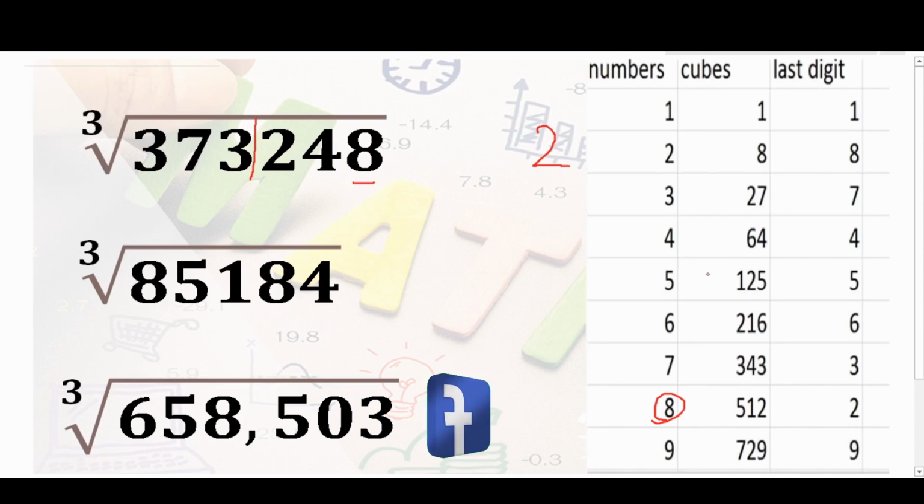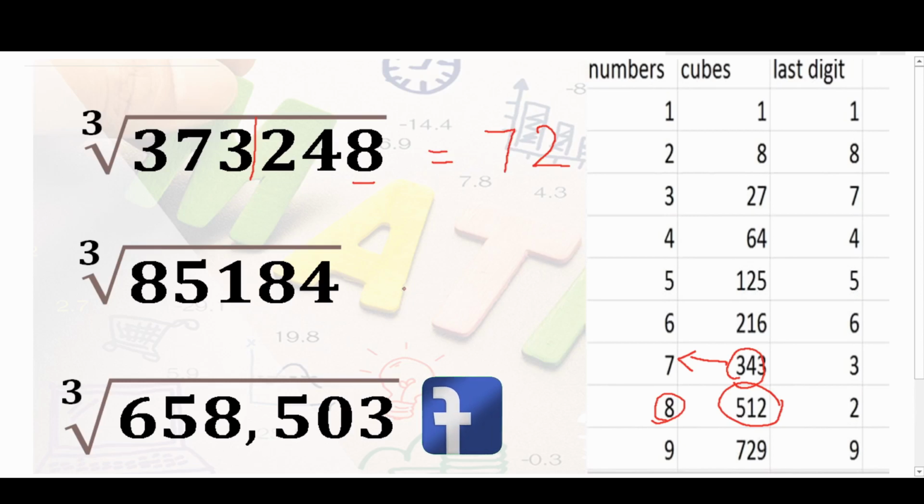In column number 2, check where this number lies. This number is lying between 343 and 512. So I go with 343 because it's lesser than that number. 343 is nothing but the cube of 7. So my answer is 72.